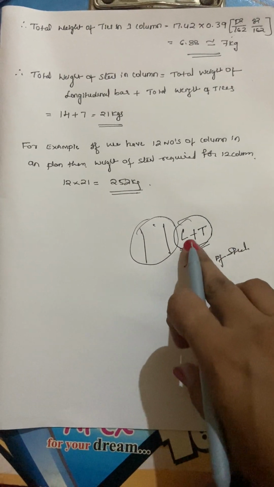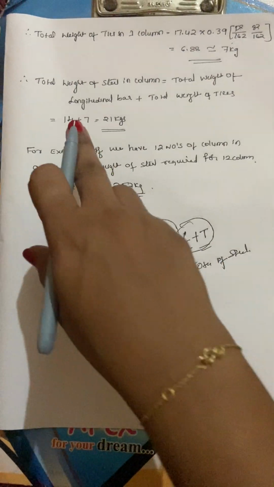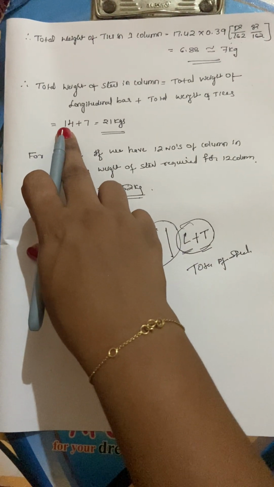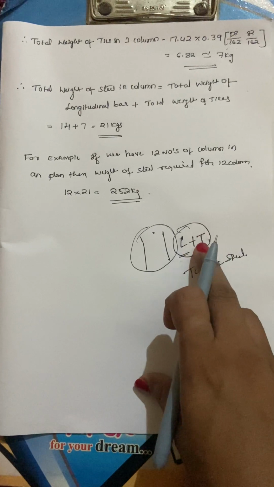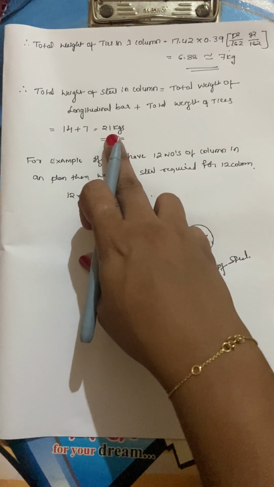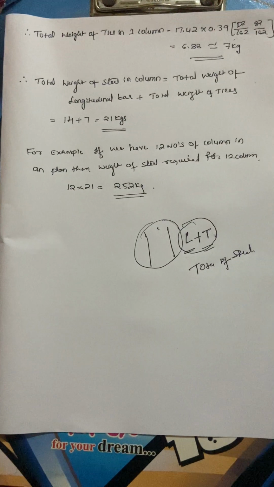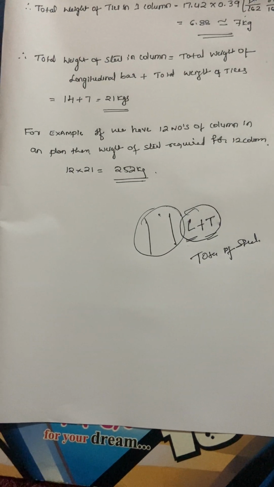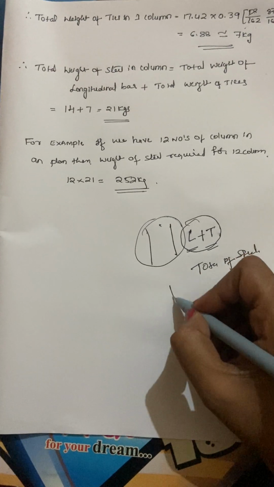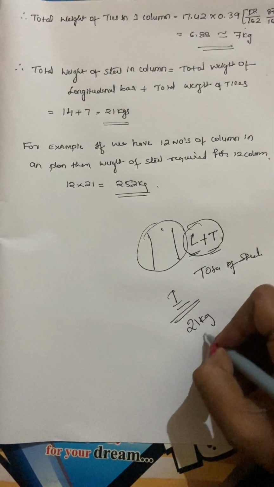So what is the total weight of the longitudinal steel? We know that is 14 kg, and the total weight of the ties is 7 kg. So 21 kg is the total steel required for one single column. For one single column 21 kgs is required.